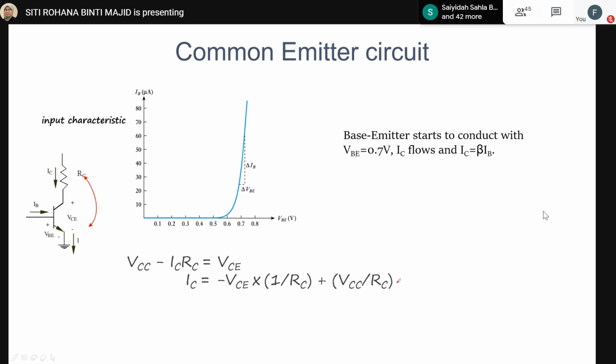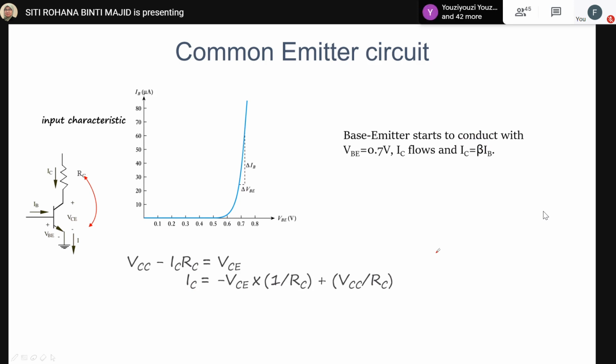From the output loop, we can calculate the IC value, and we can also calculate it using this equation if we know the value of IB.